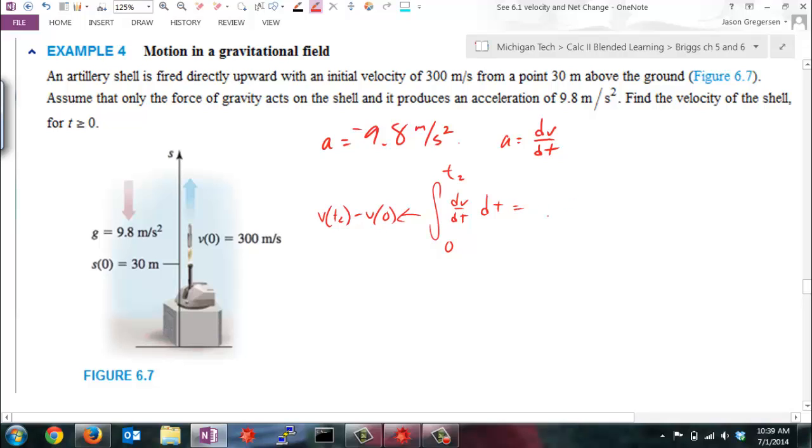But on the other hand, it's really just integrating negative 9.8 with respect to t, which in this case would give us negative 9.8 t evaluated from 0 to t2, which would give us negative 9.8 t2. That's doing the integration and evaluating the endpoints using the fundamental theorem. So what is our velocity at some later time? Well, I just solve it for that thing. I add the initial velocity to the other side, and I get this thing.